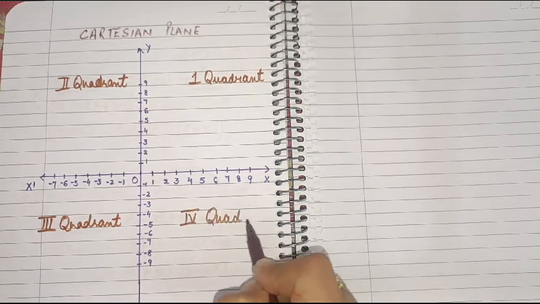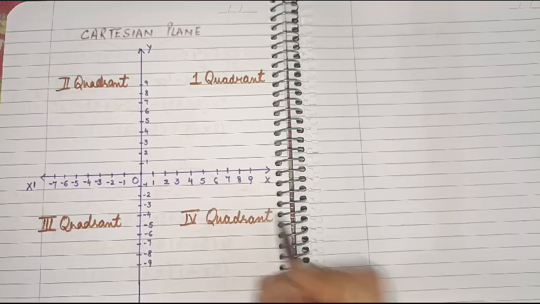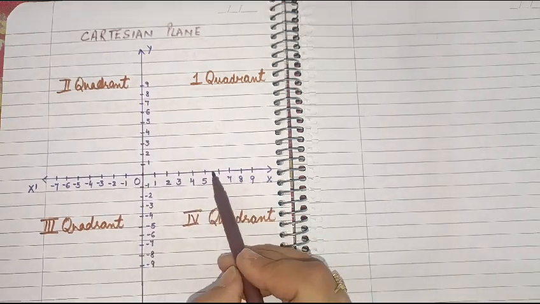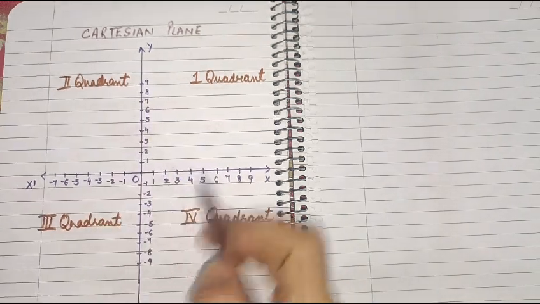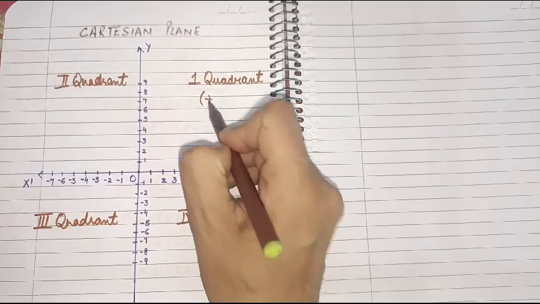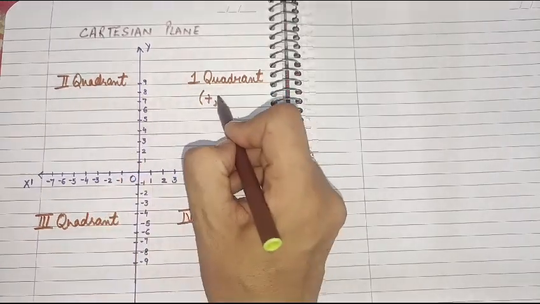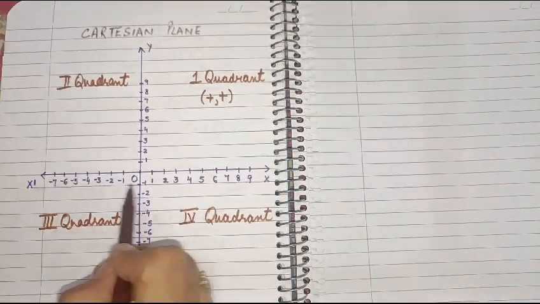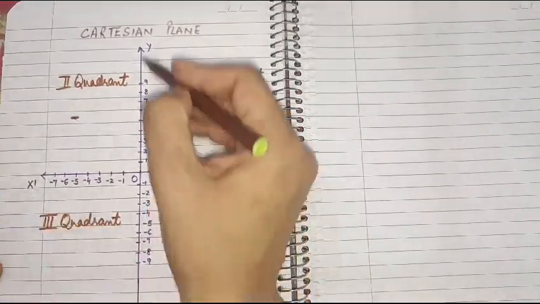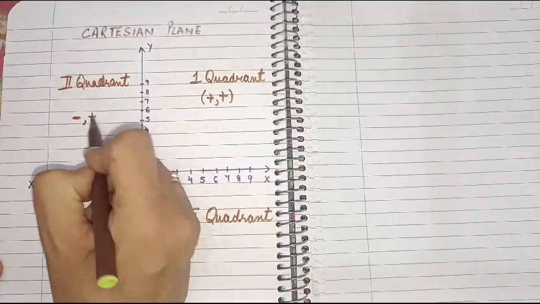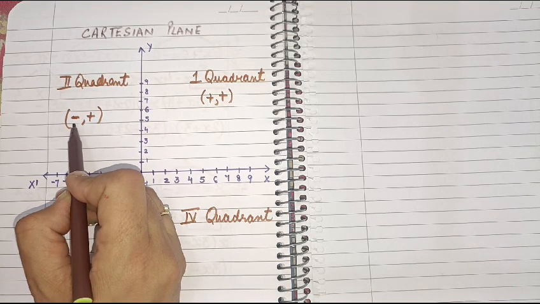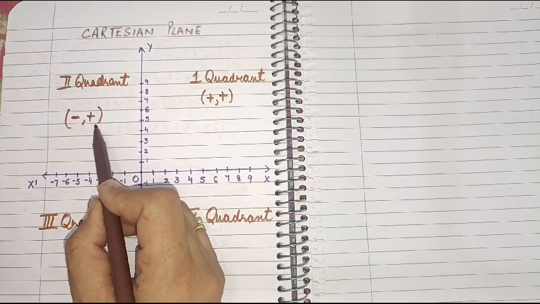Now if you see them very carefully, all will have differently signed numbers. If you locate any number here in the first quadrant, both are positive numbers: the x-axis number will be positive and the y-axis number will also be positive. Coming to the second quadrant, the x-axis number will be negative and the y-axis number will be positive. Here the x-axis number is always written first and the y-axis number is written second.